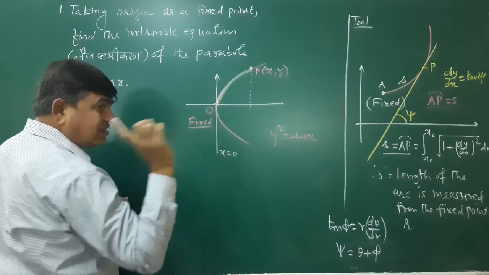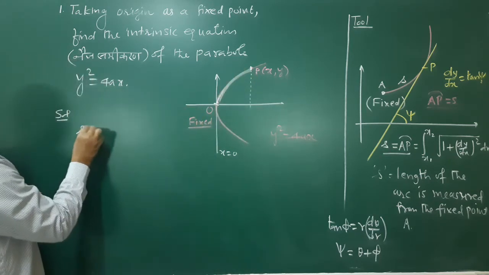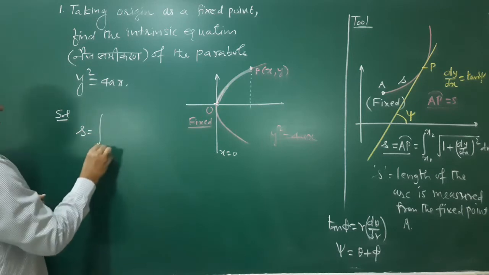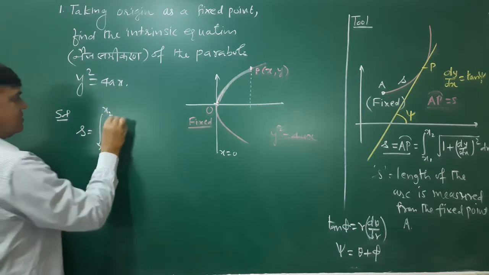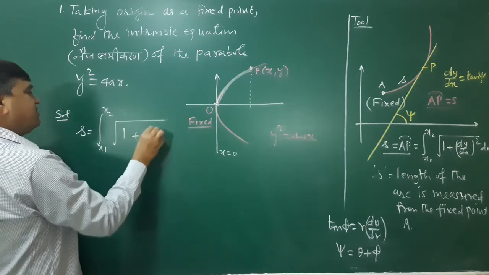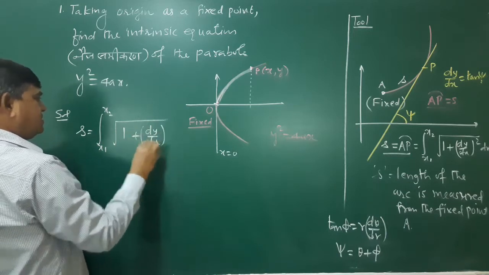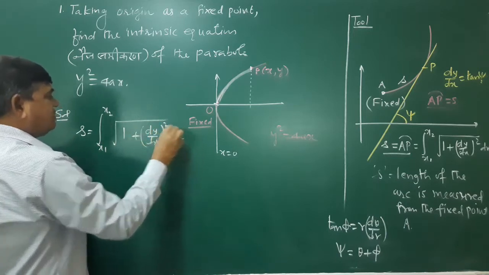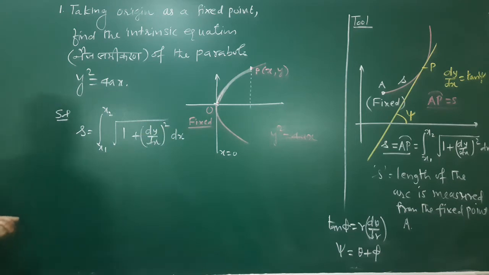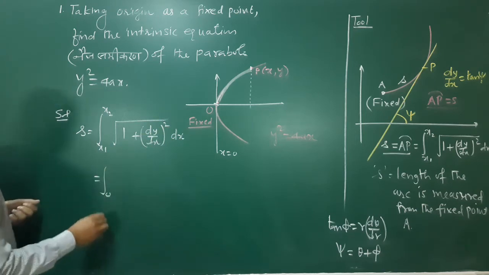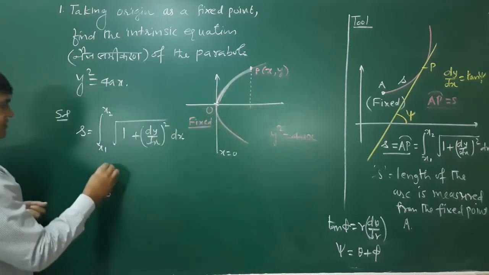The length OP, that is S, is given by the integral from x1 to x2 of the square root of 1 plus (dy by dx) whole square dx. This is the integral from x equals 0 to x.